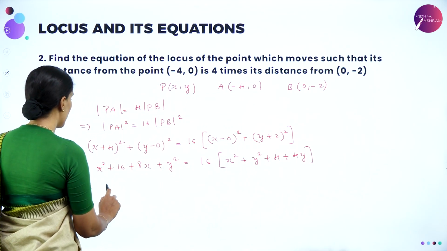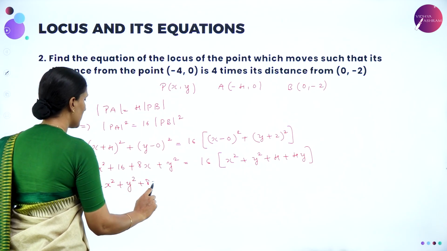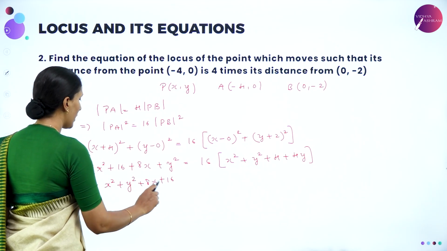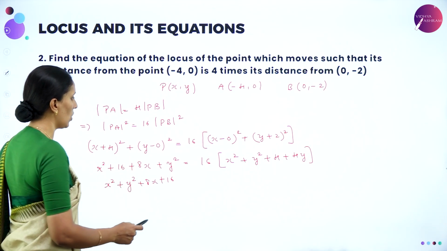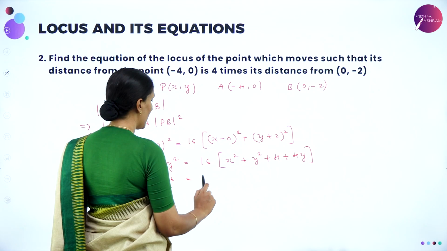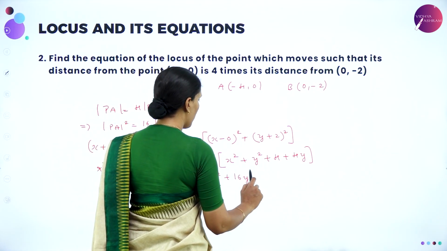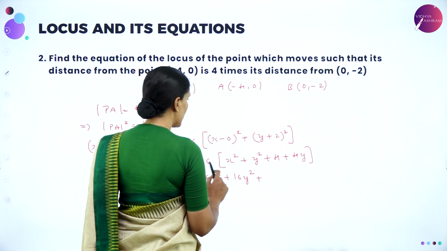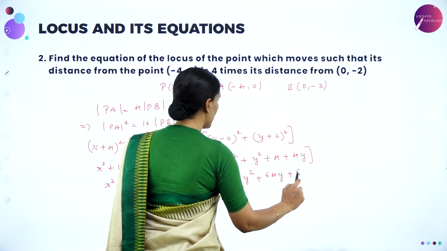Now here it is x square plus y square plus 8x plus 16. So I am rearranging first the square terms, then the singular terms, and then the constant. Now here also let's multiply by 16: 16x square plus 16y square plus 16 fours are 64y plus 64.